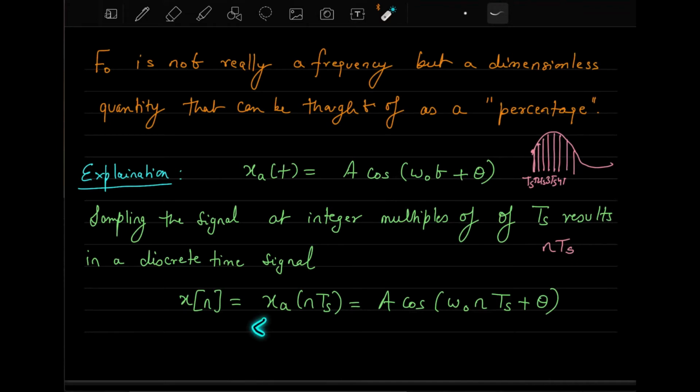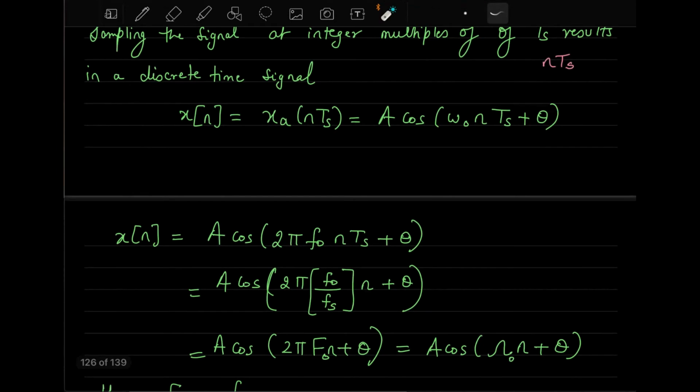So your xa(nTs) is basically A cos(omega naught nTs plus theta). What you are doing is substituting nTs instead of small t. This is the substitution you have done right now. Once you do that, you can expand omega 0.